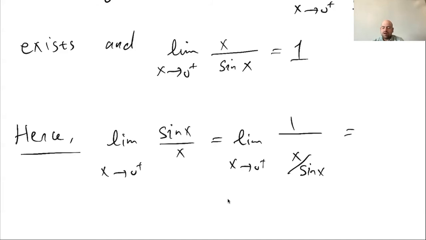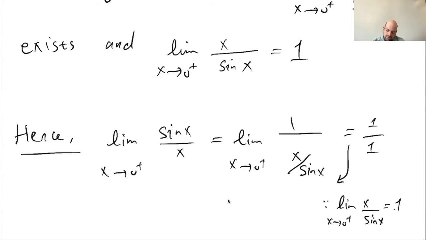And now I get the limit of top over bottom, which is the limit of the top, which is 1, over the limit of the bottom, which is 1. The limit of top over bottom is the limit of top over the limit of bottom as long as the limit of the bottom is non-zero. You can also mention here that the limit of the bottom is 1, which is not 0.